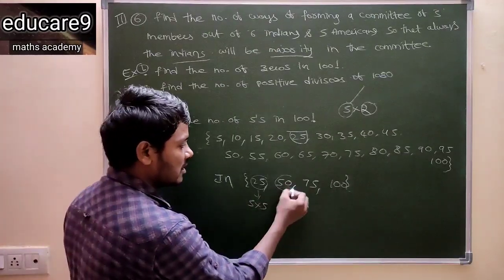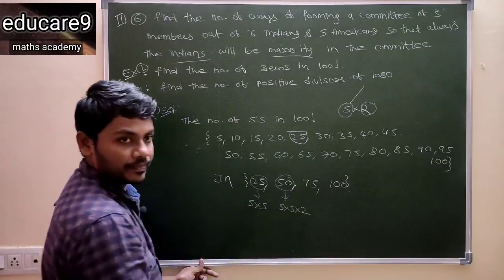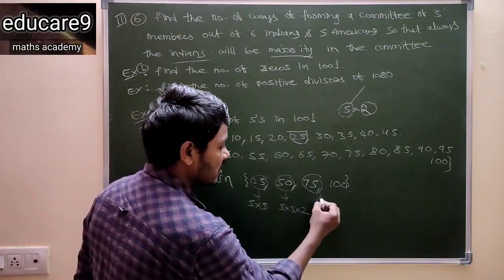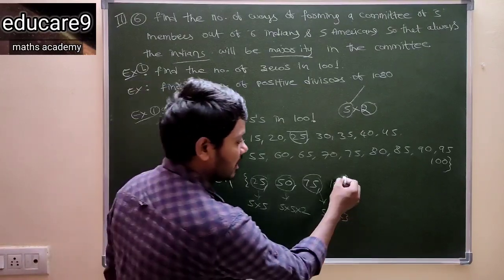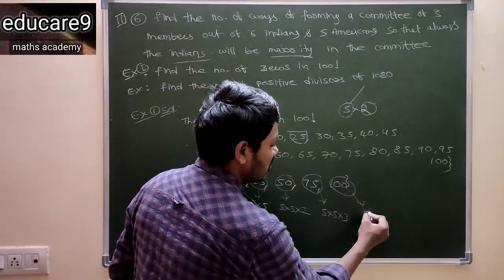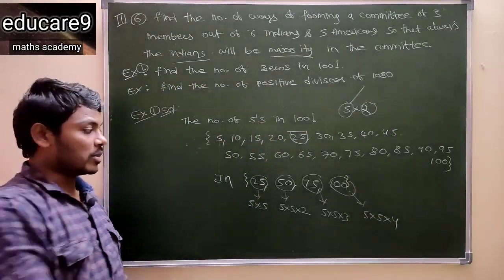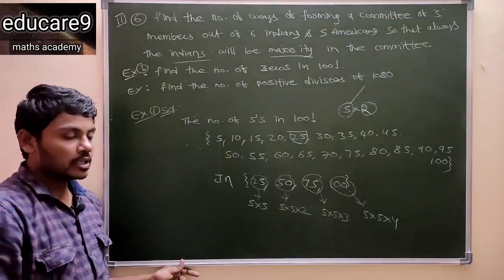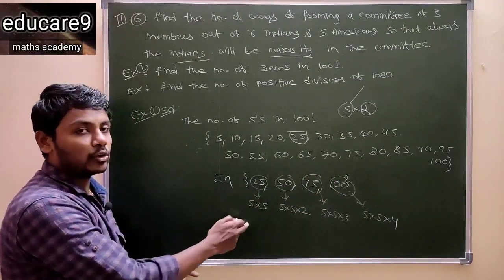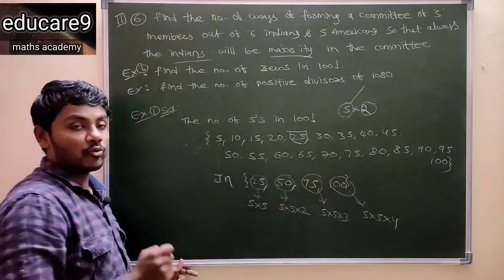This is 5 into 5 into 2. This is 5 into 5 into 3. This is 5 into 5 into 4. In the numbers 25, 50, 75, 100, each number has two 5's. So there are four extra 5's.